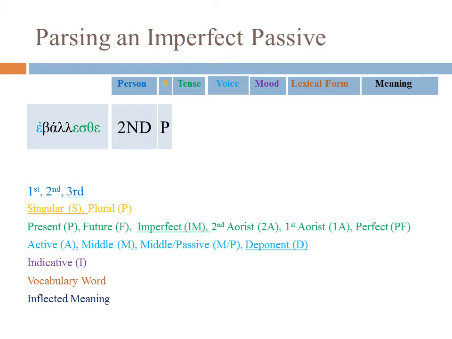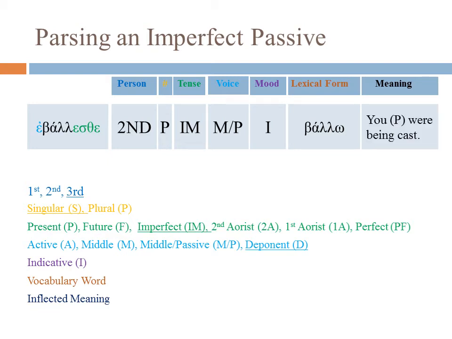The tense is, well, the fact that it has ball as a present stem and an augment, we know that it's the imperfect. The voice is middle passive. We say middle passive because we don't know if it's a passive or it's being used as a middle. Odds are it's being used as a passive. The mood is indicative. Ballo is its lexical form, and its meaning is you were being cast.